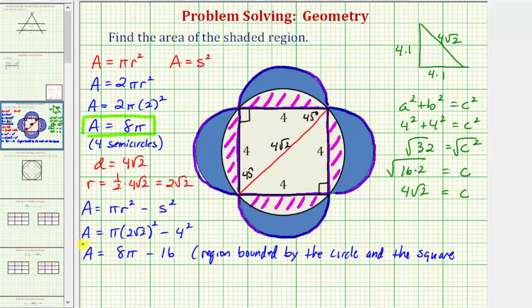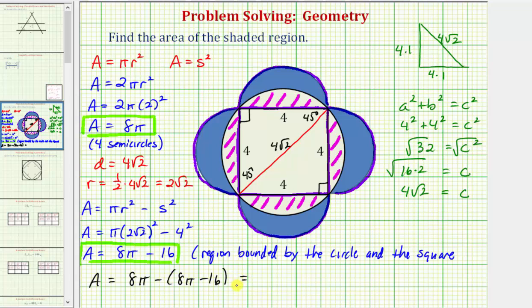So now we'll use this area and the area of the 4 semicircles to determine the area of the shaded region. The area we're looking for is equal to the area of the 4 semicircles, which is 8 pi, minus the area bounded by the circle and the square, which we now know is 8 pi minus 16.